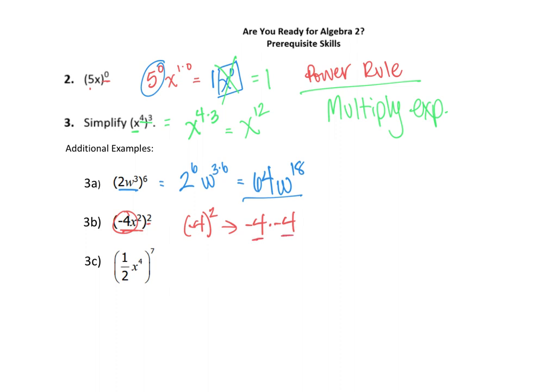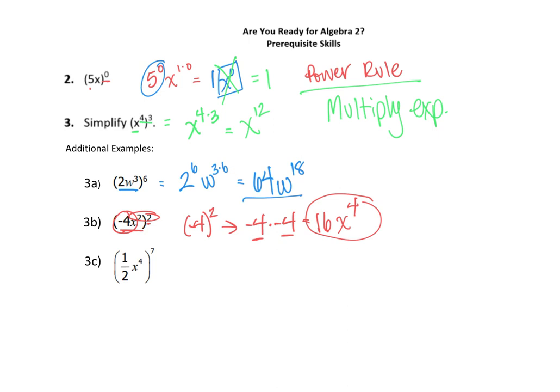So that is a case of a negative times a negative, which at this point we all know equals a positive. That is positive 16. Okay, and then for x, I have my inside power of 2 multiplied by the outside power of 2. 2 times 2 is 4. So this is positive 16 x to the 4th power.